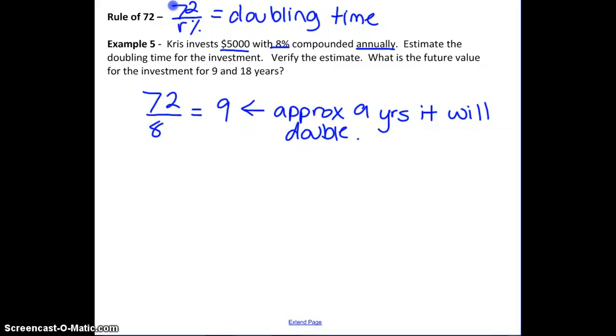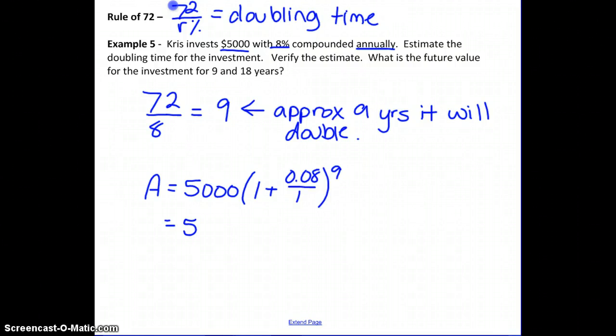So to verify, we're going to plug it into our equation. So our principal is $5,000 times 1 plus 8% divided by 1, because it's annual, to the power of 9 years.